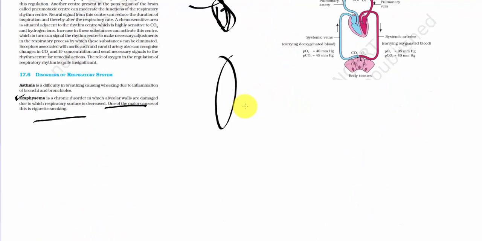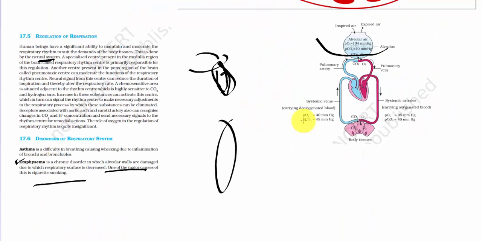There are other types of respiratory disorders as well, such as silicosis, in which prolonged exposure to dust particles leads to fibrous tissue development in the lungs, which then reduces the capacity of the lungs to expand and contract. This reduces the flexibility of the lungs, and hence we are not able to breathe as we do normally.